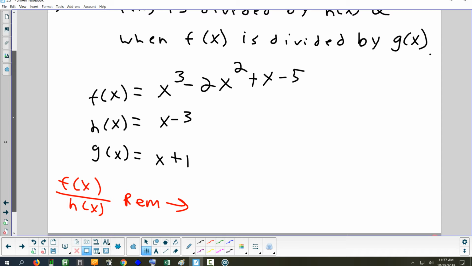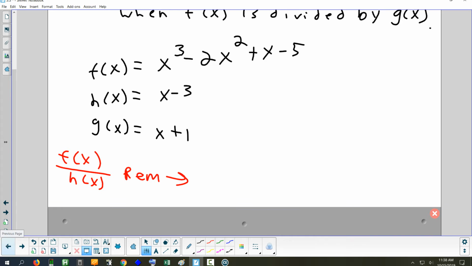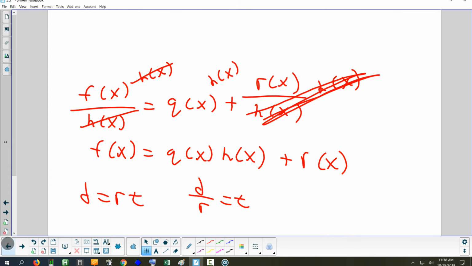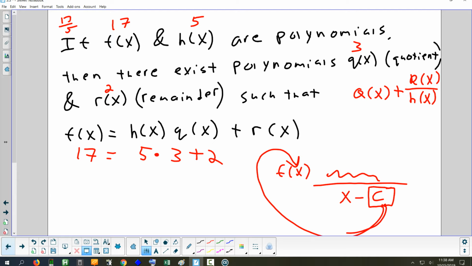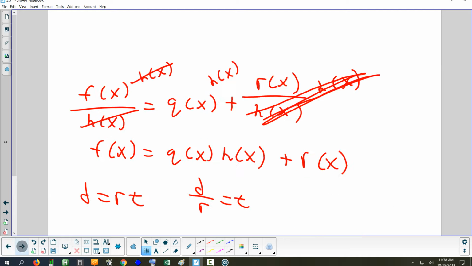Okay. Is h of x set up to be the kind of polynomial that I just said you needed to have? So I said you can find the remainder as long as you divide by something that looks like this. Does h of x look like what I said? Yes, it does. It is of the form x minus a number.